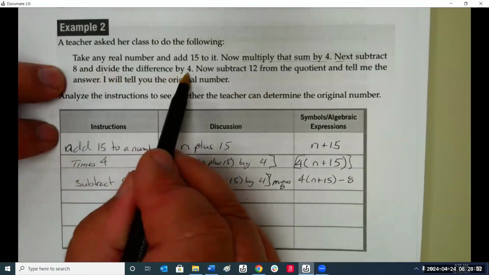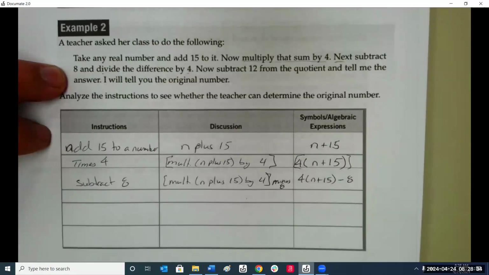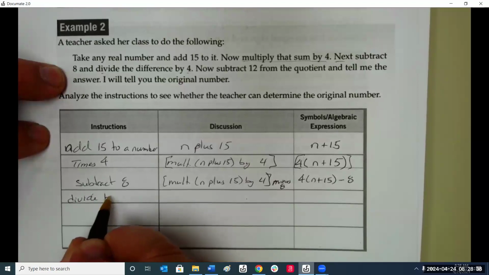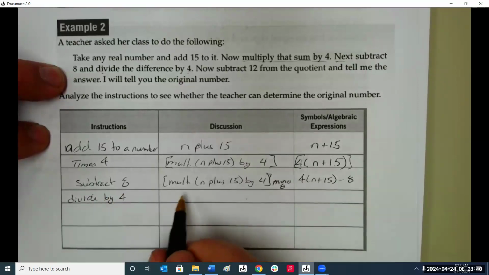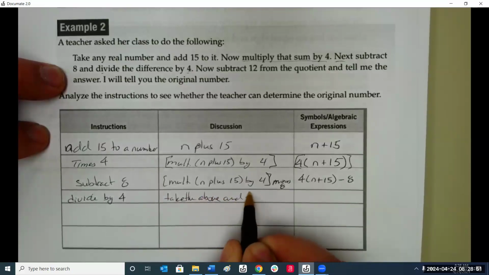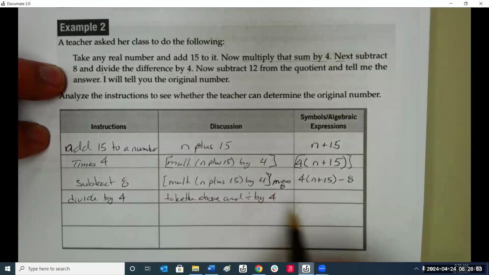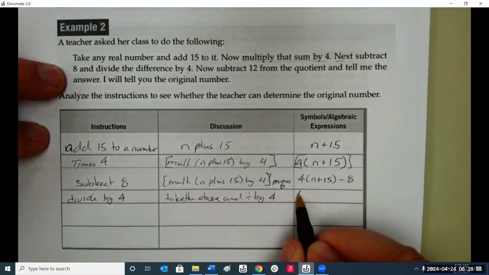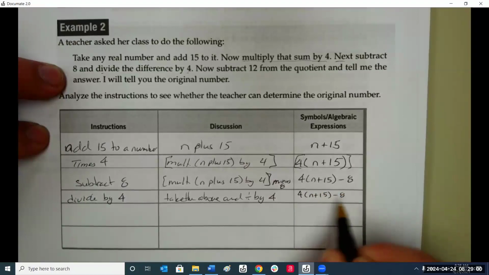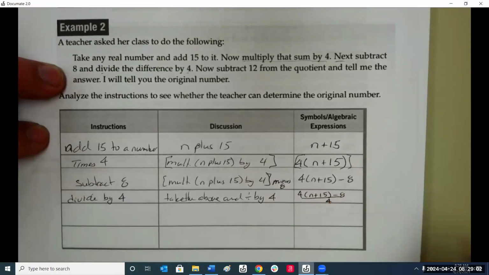And divide the difference by 4. Take the above and divide by 4. So what we have here is 4 times N plus 15, minus 8, divided by 4.